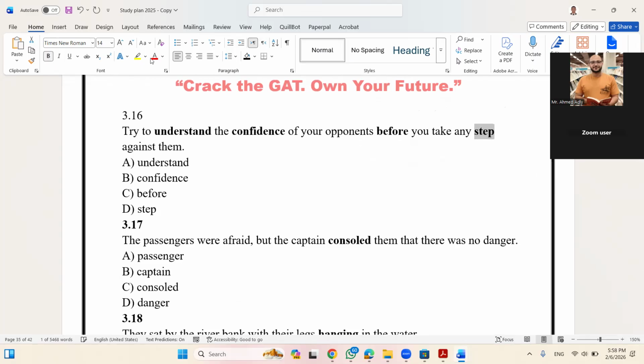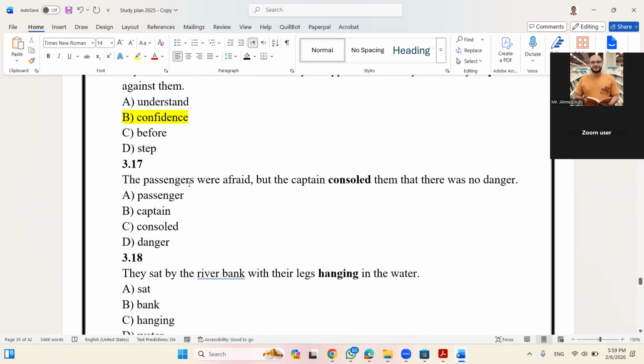Replace it; you've got to test replacing it. Try to understand the plan of your opponent. Maybe the plan, maybe the strength of your opponent, maybe the intention. So the confidence here is not something to understand.